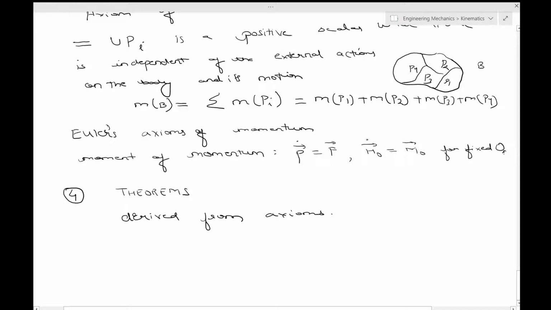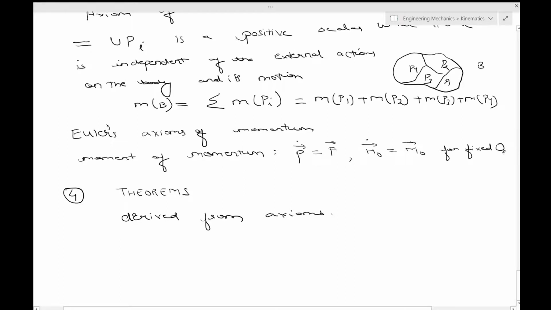Please understand the sequence. We first define the primitives because that's the very first thing which has to be defined. There is no other thing to define it in terms of. Then we define certain entities like time, clock, the difference between two events, reference frame, and the material point, material body, a rigid body.